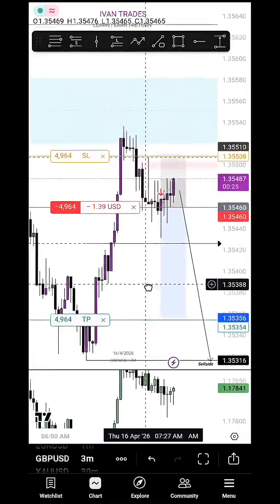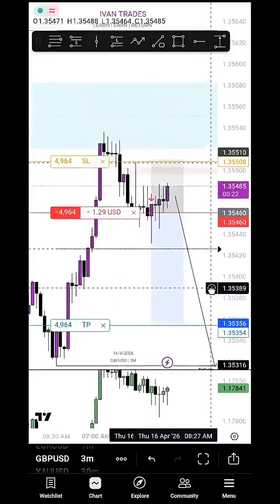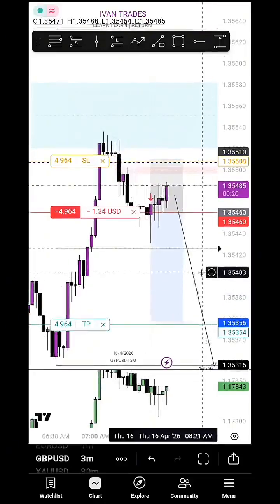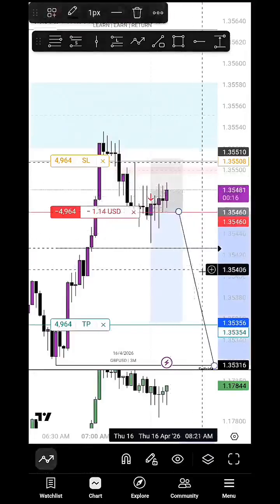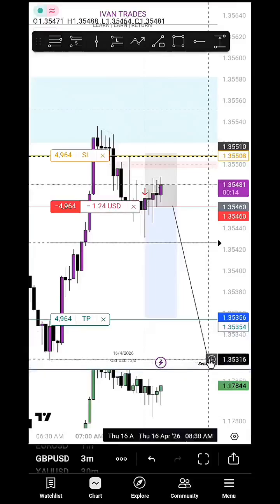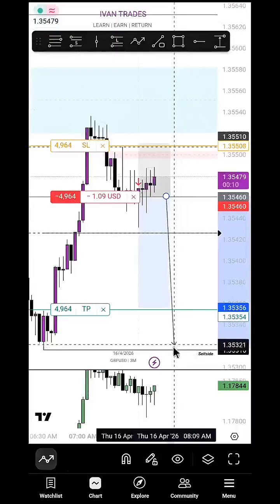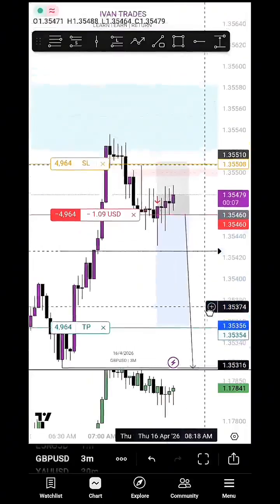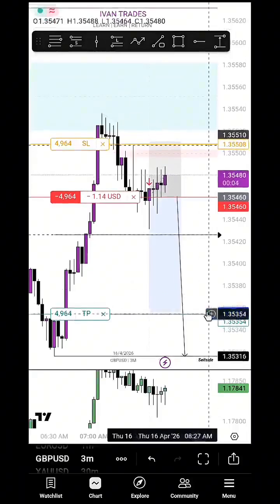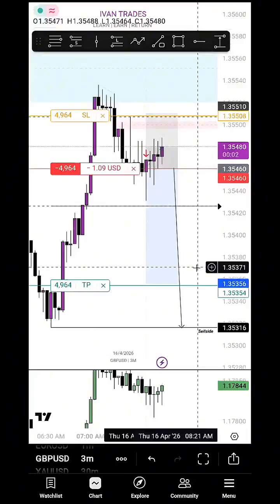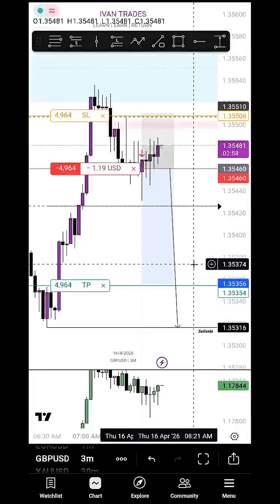I'm going to set my alert on my invalidation so that I will be alerted when the trade gets invalidated, and let it play out, because I don't want to babysit it.